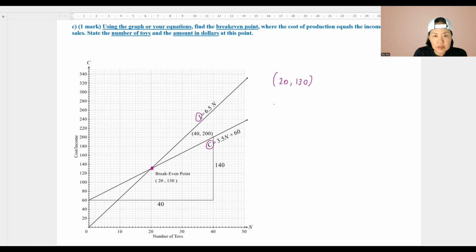It represents the number of toys equals 20, because it's here. 20 is the number of toys, and 130 is right here. 130 is the cost amount. Amount in dollars is $130. Okay, so I answered those questions.